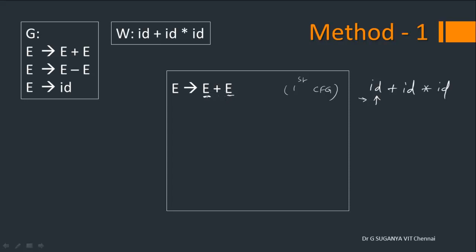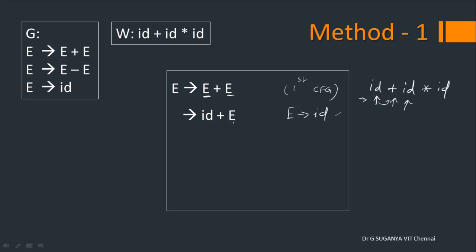Now coming to the leftmost non-terminal, we are in need of id followed by a plus symbol. The plus symbol is already there, and hence we can use the production E gives id. So instead of E we have substituted id. Now if you look at the equation, id is there, then you move your input buffer to the next input symbol, then plus is also mapped, then the input pointer moves to the next symbol, again it is id.